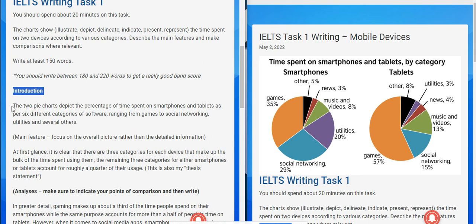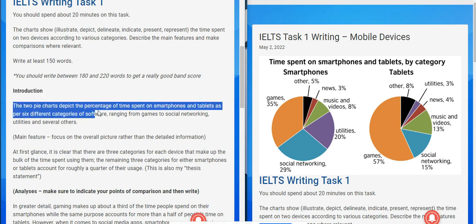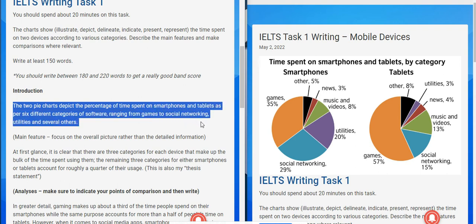So, the two pie charts represent the percentage of time spent on smartphones and tablets across six different categories of software, ranging from games to social networking, utilities, and others. That is the basic information to write in the introduction. Remember that you don't have to write more information in the introduction.